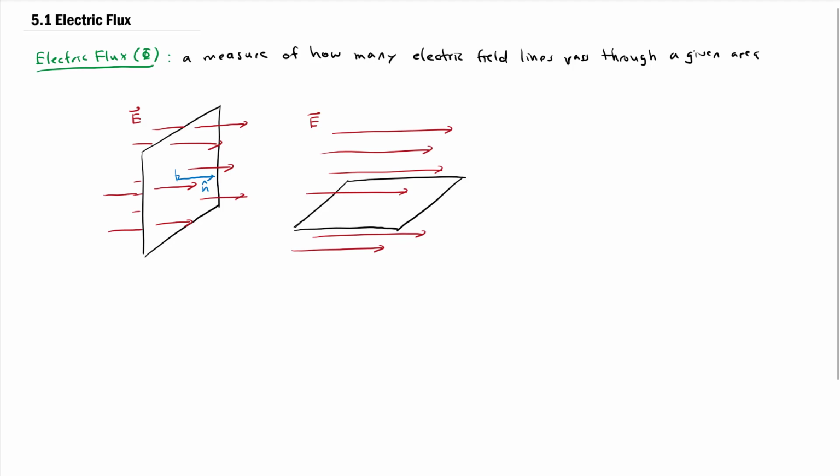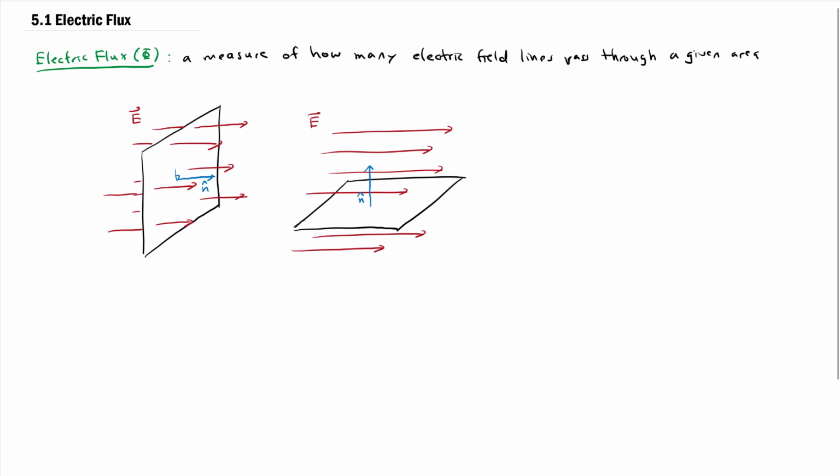So in this case, the surface normal vector is still going to be perpendicular to the surface and also perpendicular to the electric field line. So those are two different ways that we can rearrange our sheet so that the electric fields are penetrating the surface straight on, or the electric field is just passing through on the top and bottom.